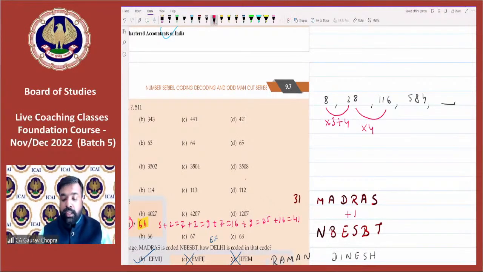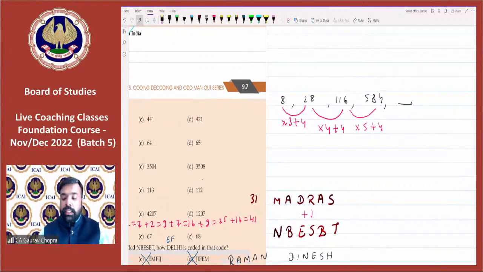So we can write multiply by 4 plus 4. Similarly, the next should be 116 multiplied by 5 and then plus 4. So what should be the next number? It should be multiply by 6 and then plus 4. So multiply and get the result.